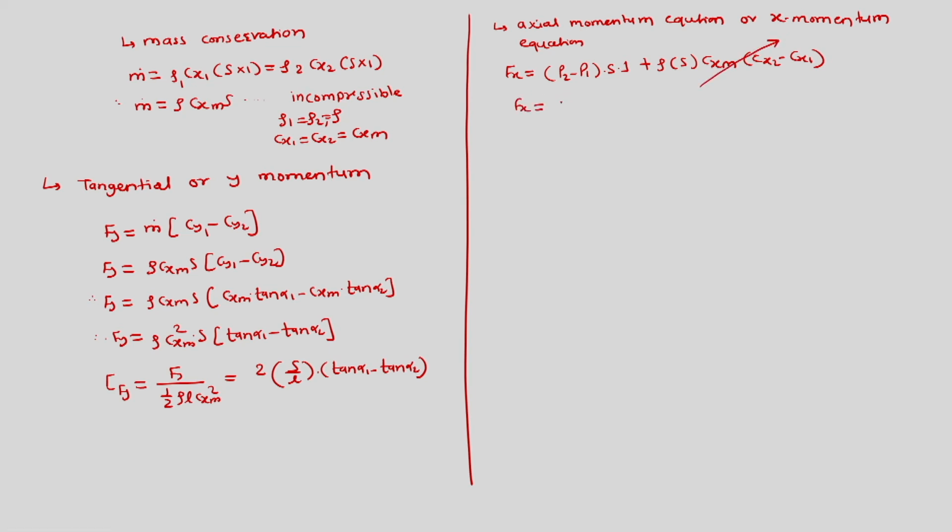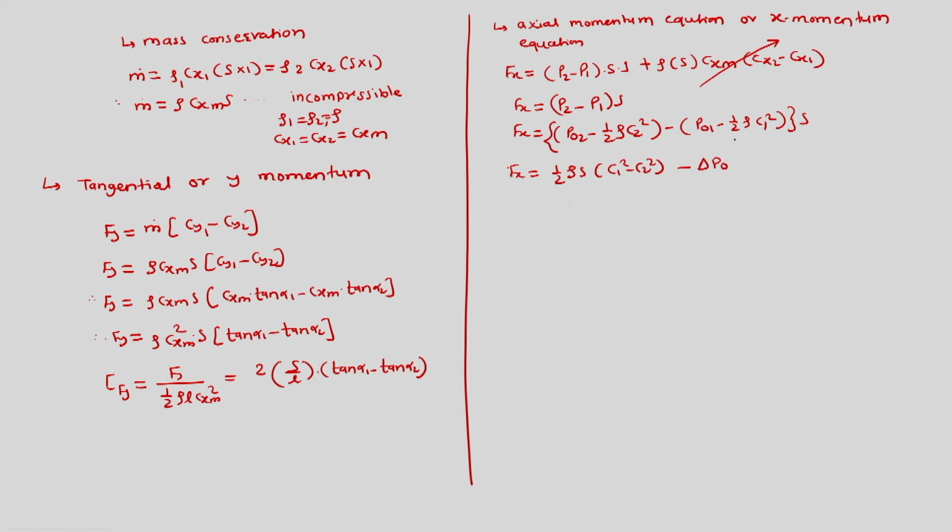So, Fx is equal to P2 minus P1. We already know that P2 is equal to P02 minus half rho C2 square, minus P01 minus half rho C1 square, into S. Here we can mention Fx as half rho S into C1 square minus C2 square, minus delta P naught.